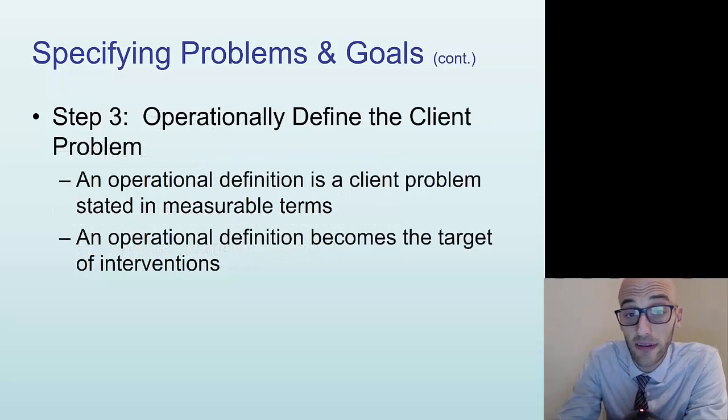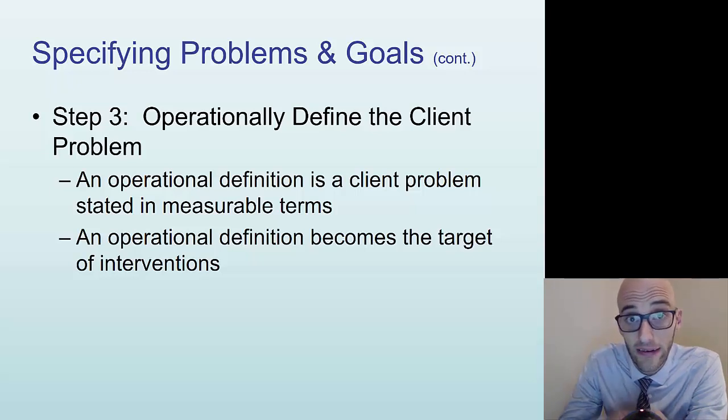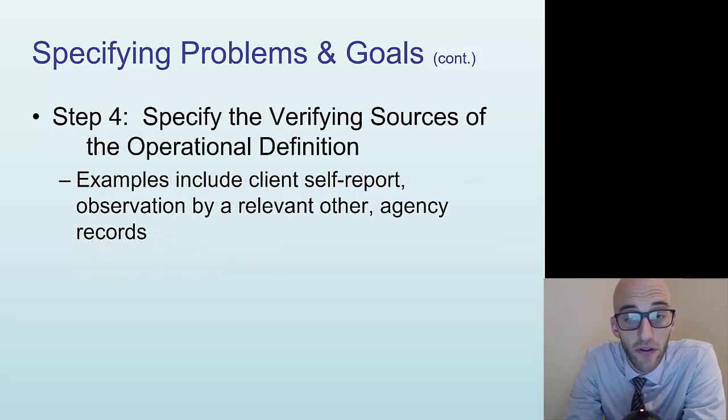So once you've got a good conceptual definition, you're going to move on to operationally defining the client problem. An operational definition of a client's problem is in measurable terms, and that becomes the target of your intervention. This will lead you to coming up with verifying sources of the operationally defined problem. A verifying source can include a significant other, a coworker, agency records.